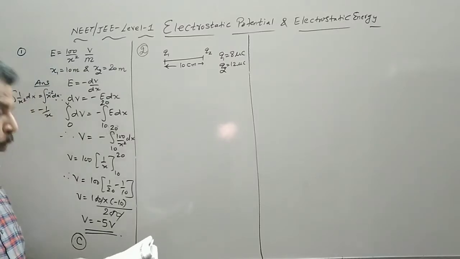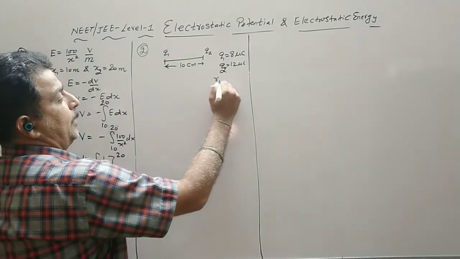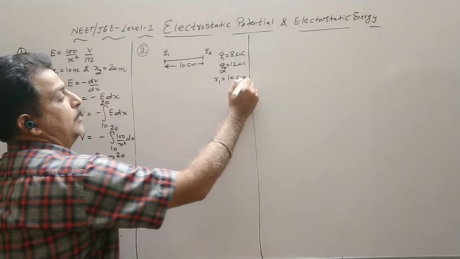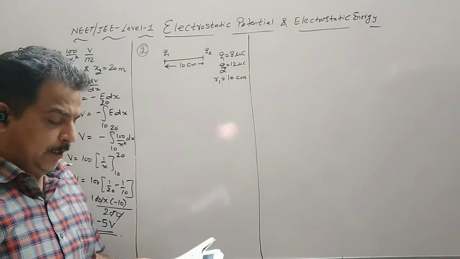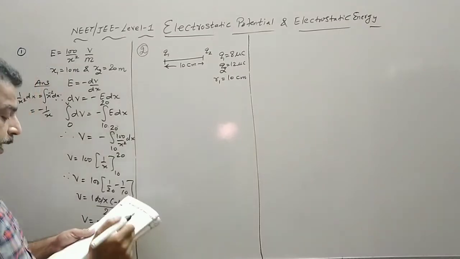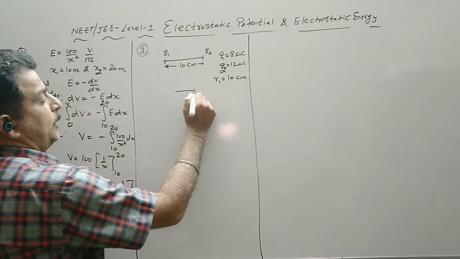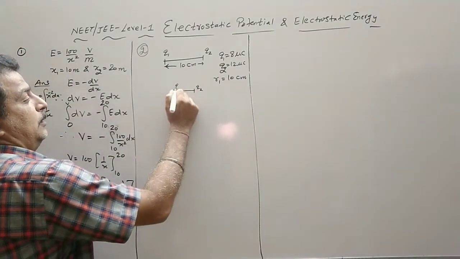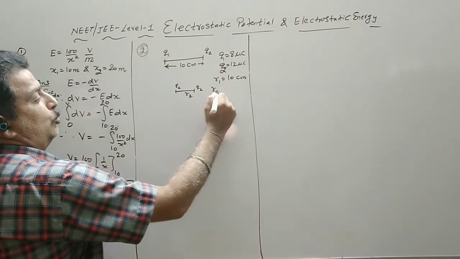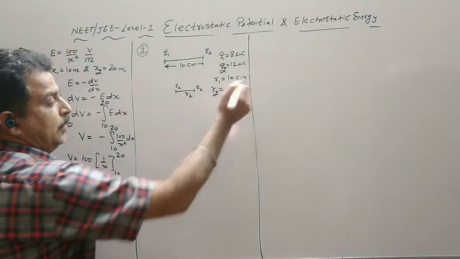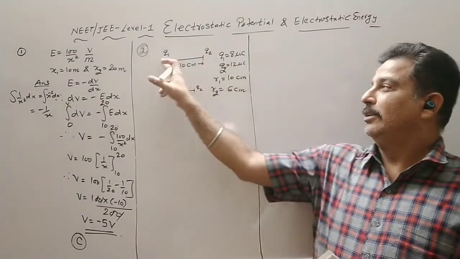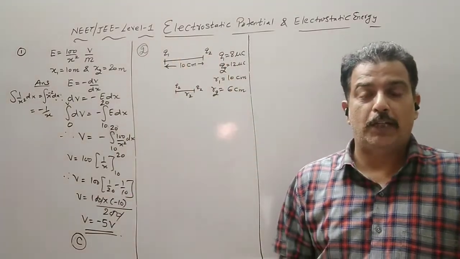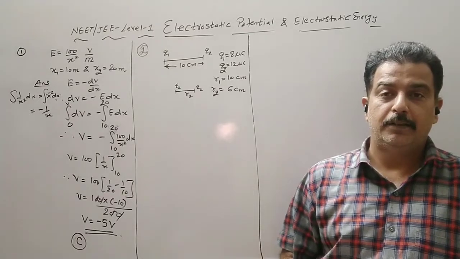What is the work required to be done? Let us take the initial distance to be 10 cm. What is the work required to change the distance between them to 6 cm? So we have to decrease the distance. Let the new distance be R2, which is 6 cm. Clearly, both the charges are positive, so work is required to be done against the field.